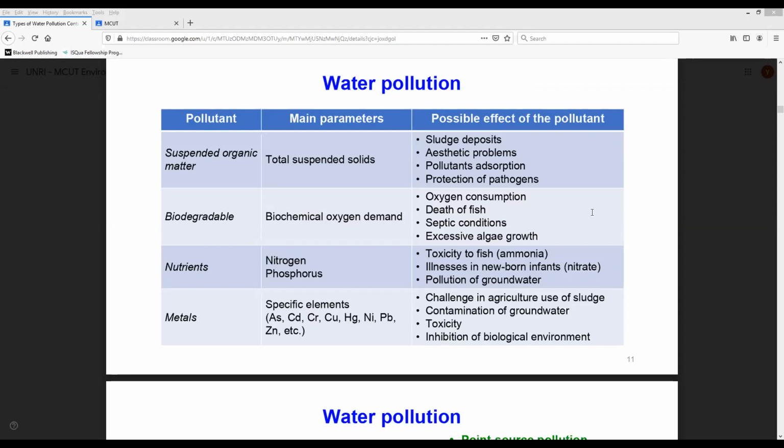And then here we come to metals, for example arsenic, chromium, copper or zinc.